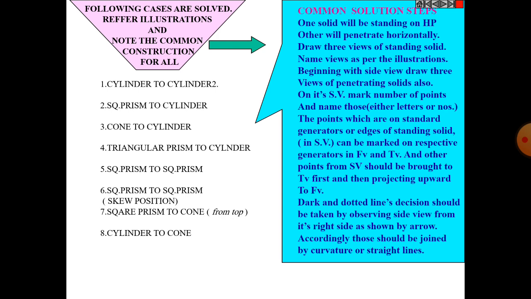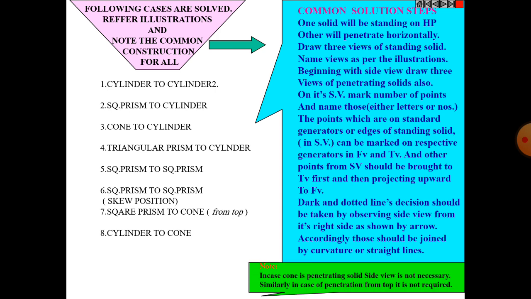After that, project the side view into the top view, and with the help of intersection of front view and top view, join both intersection points and show the curvature or straight lines. So we know the intersection of solids. In case a cone is the penetrating solid, side view is not necessary.